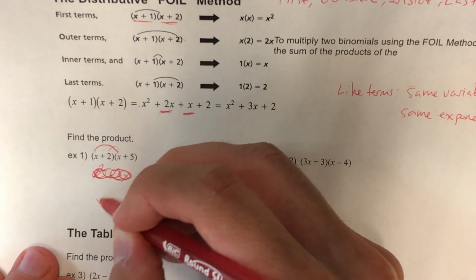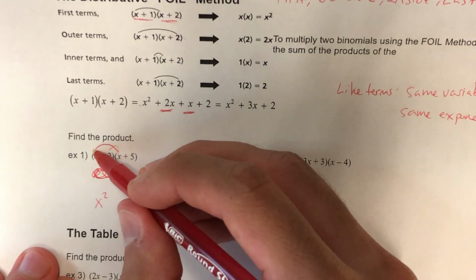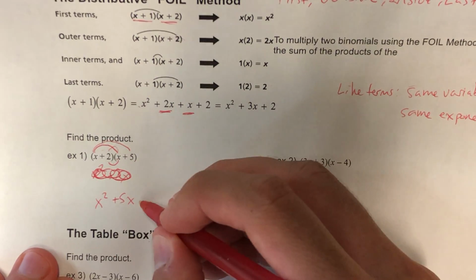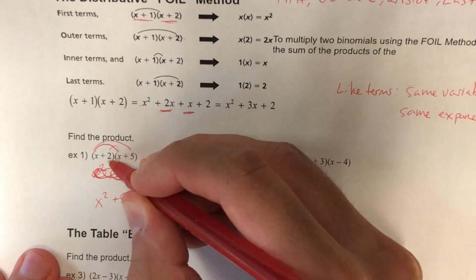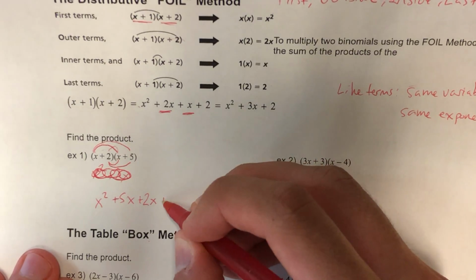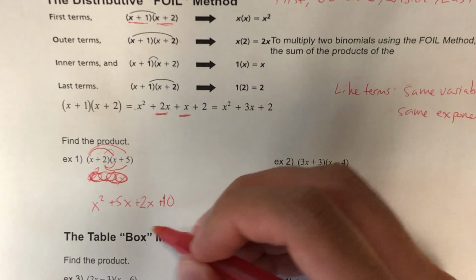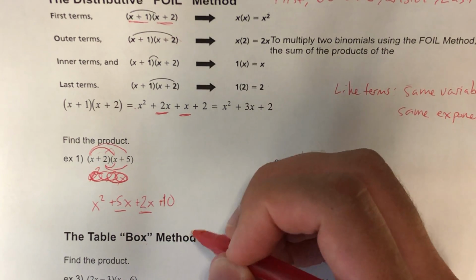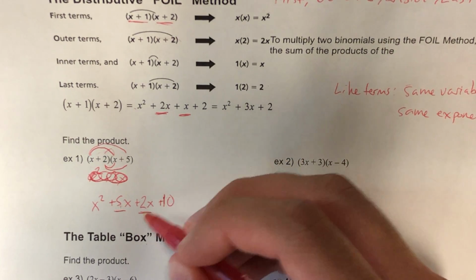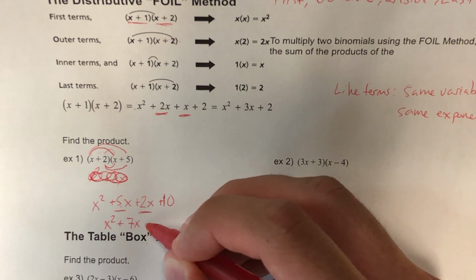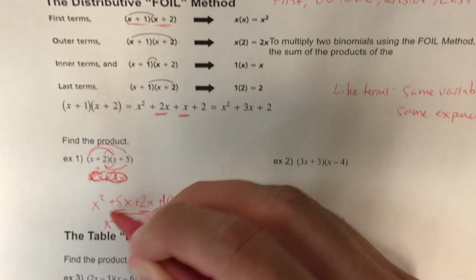First would be x times x, x squared. Outside would be x times 5, or 5x. Inside would be 2 times x. And last terms would be 2 times 5, or 10. From there, just combine like terms, which are 2x and 5x. 2 plus 5 is 7, so we have 7x. So x squared plus 7x plus 10.